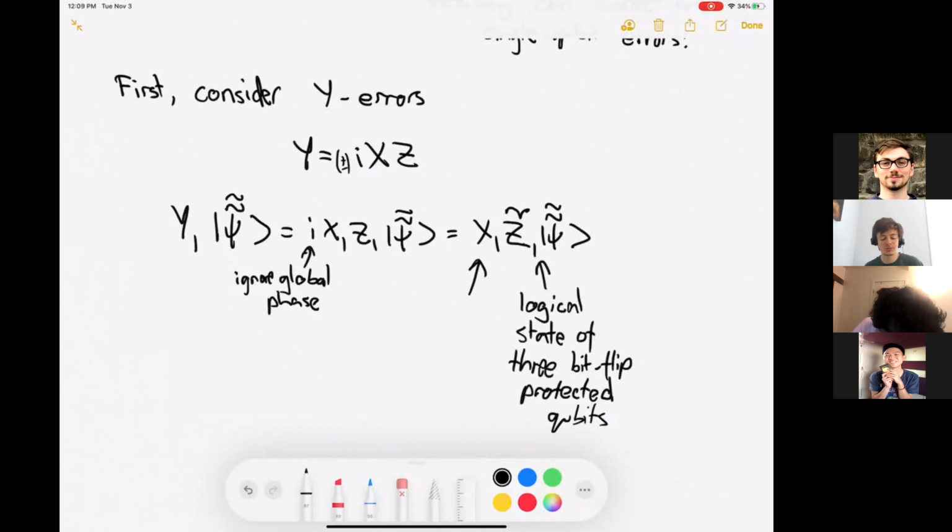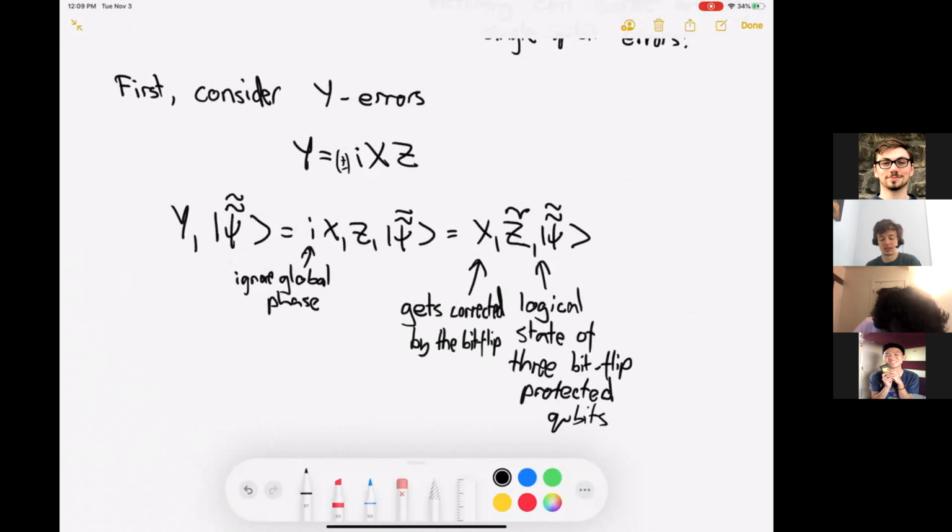So that means this X1 that then gets applied to it gets corrected by the bit flip correction, right?